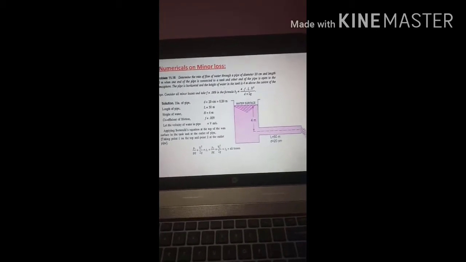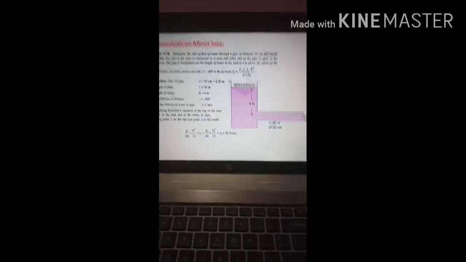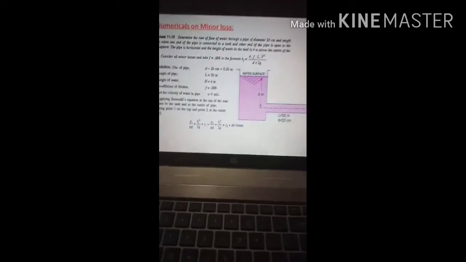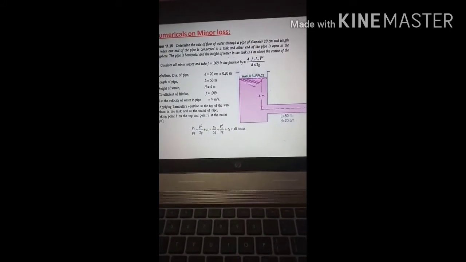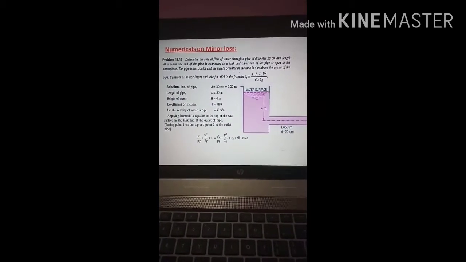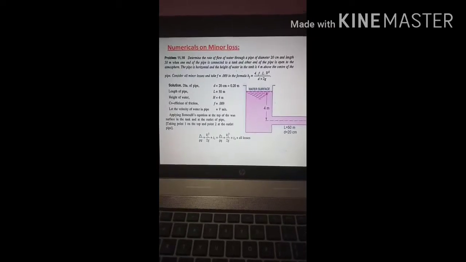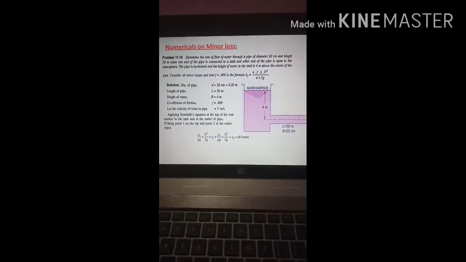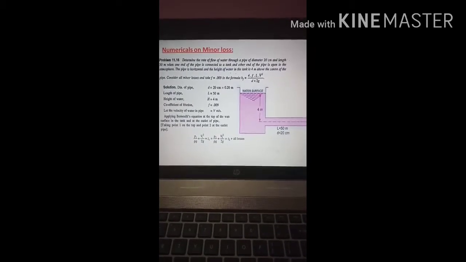So you just have to use Bernoulli's equation which we have seen in unit number 3. If you remember, Bernoulli's equation is P1 by rho g plus V1 square by 2g plus Z1 is equal to P2 by rho g plus V2 square by 2g plus Z2 plus HL. HL is nothing but the loss of head, whether it is major loss or minor loss. So we are going to consider all of them here.